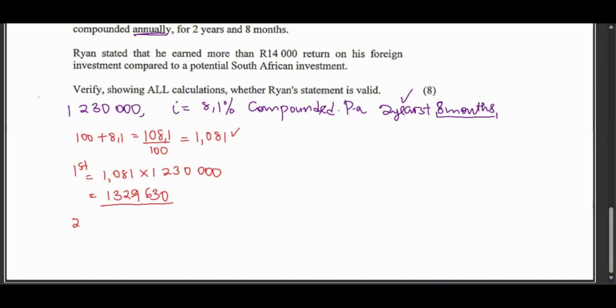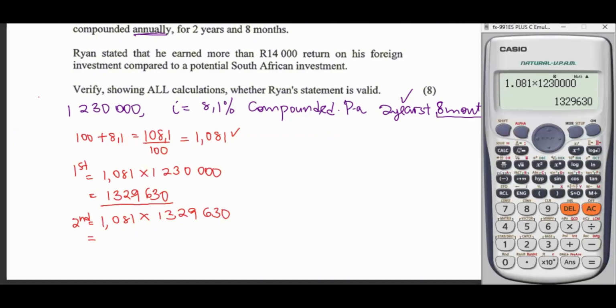So we go to the second year. Why am I starting with years? Because these are proper years. So this could be the same percentage that we're using, times the money that is at the end of the first year. Since I already have this answer here, all I need to do is to times 1.081.